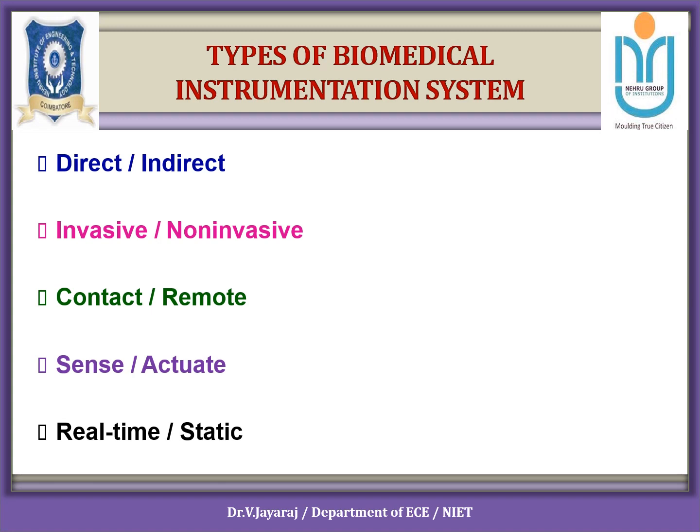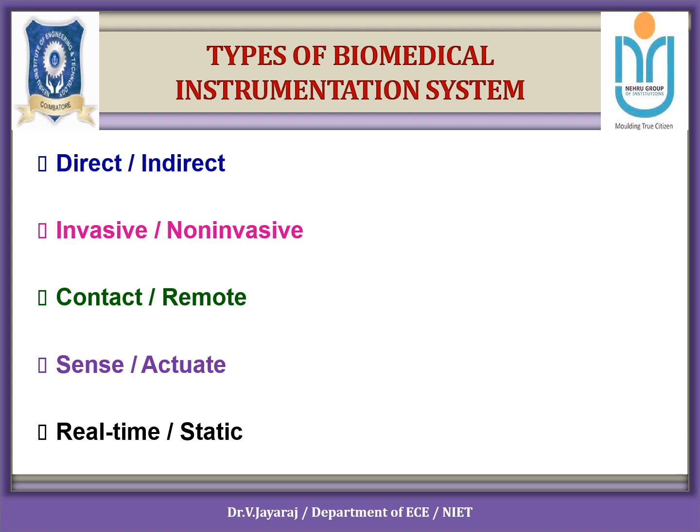An example of direct instruments is the instruments which are used to take blood from our body, for blood sample measurement.